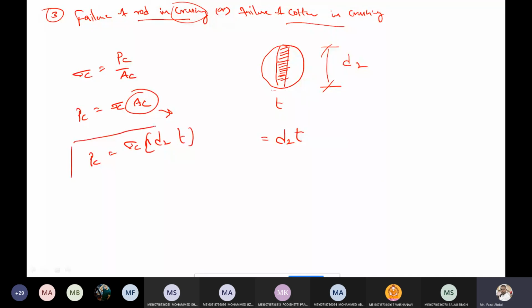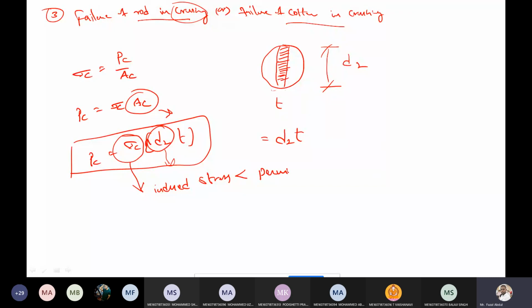Now with this equation, D2 we already calculated in the previous equation, but we are checking the sigma c here, whether our calculated D2 value is under safe condition or not. How do we check? This is our induced stress. This induced stress should always be less than the permissible limit or stress.